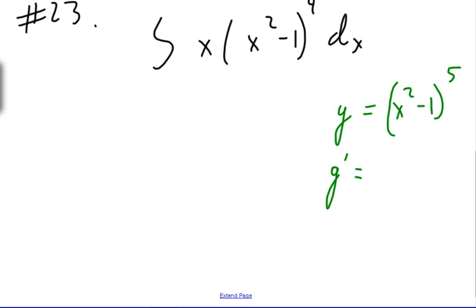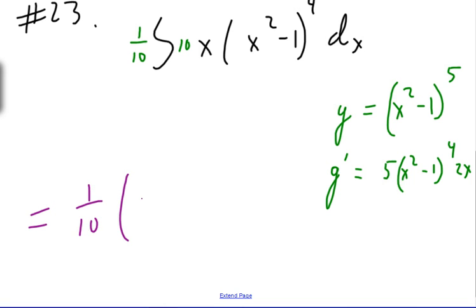It is that easy. (5x squared minus 1) to the 4th times 2x. I need a 10 there. I need a 1/10 out there, which I knew already before I did the guess. All right. There, now you like that? 1/10 (5x squared minus 1) to the 5th plus c.